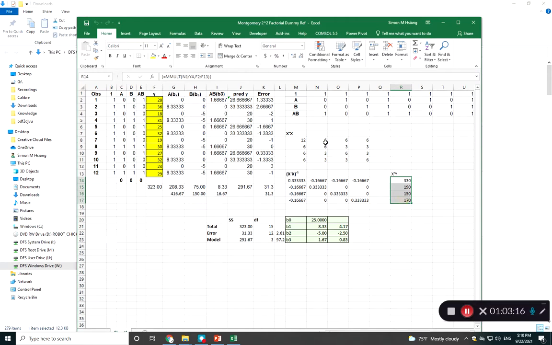You get your term, and here, directly, you can come up with your transpose everything. Oh, by the way, when we're using this dummy way, you get your effect directly, 8.33. Why?